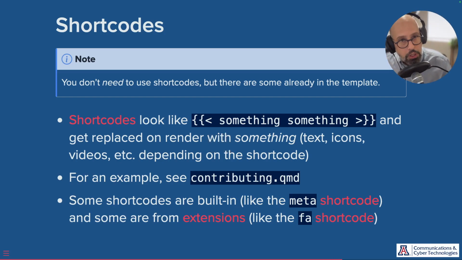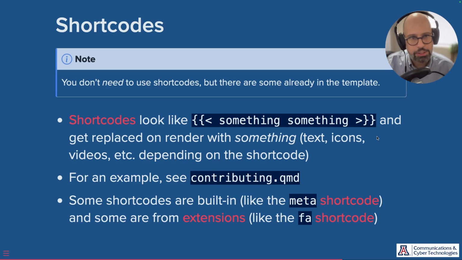Oh, yes, shortcodes. I was going to mention these. You don't need to use shortcodes. I'm just mentioning them because there are some in the template, and I want you to be aware of what they are. So shortcodes do a variety of things. They all look like this: curly brace, less than sign, some text, and then greater than sign, curly brace.